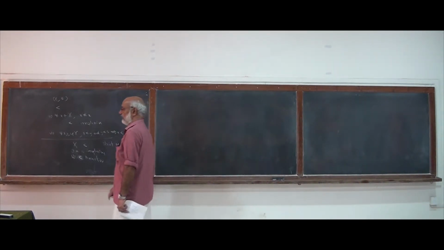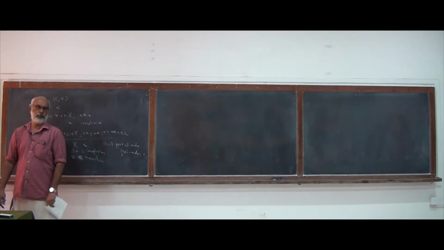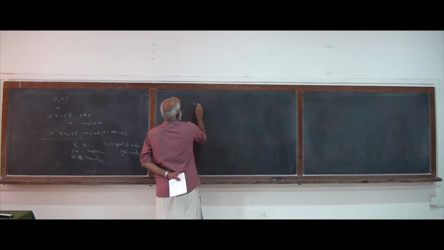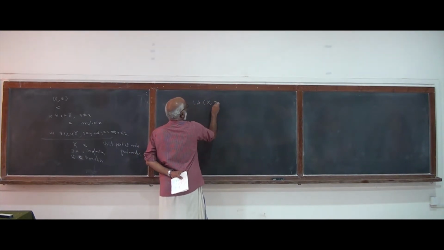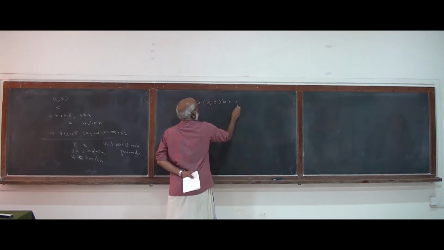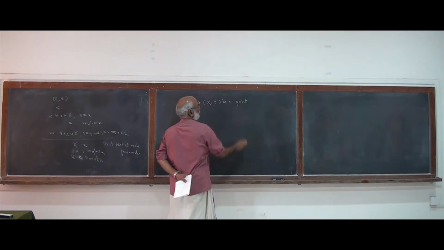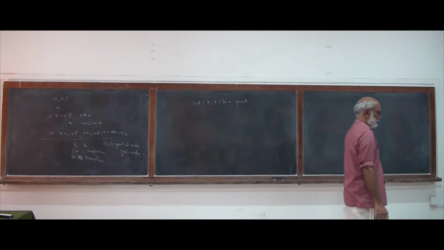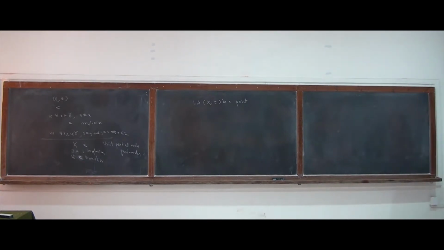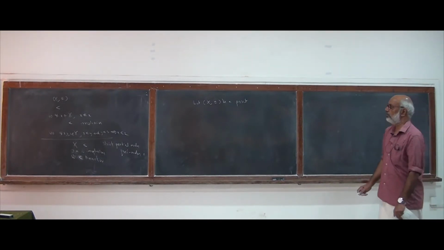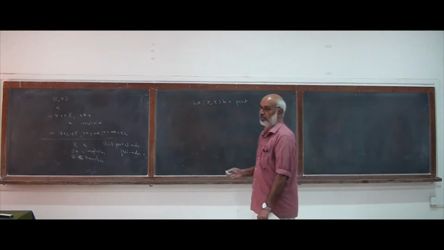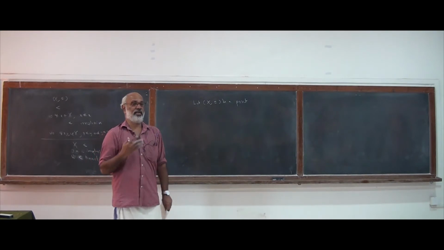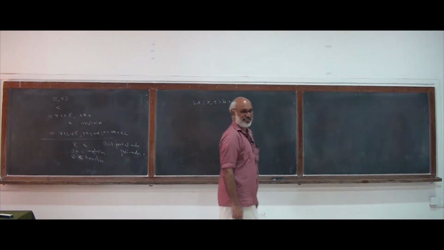Now we have to define some concepts in partially ordered sets. So for that let x with less than or equal to be a poset. In some posets, there will be an element which is less than or equal to every other element.